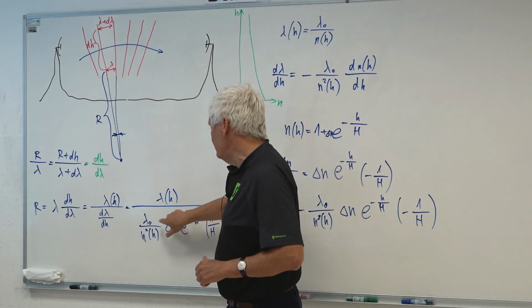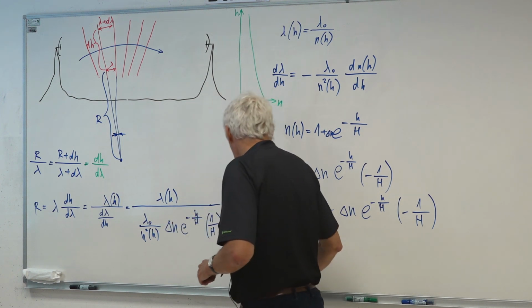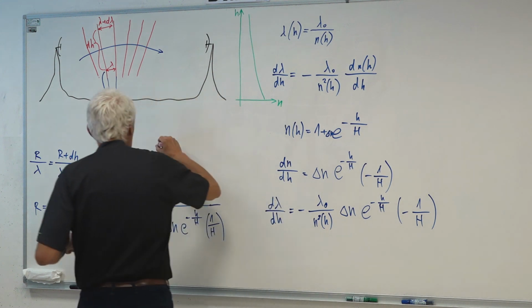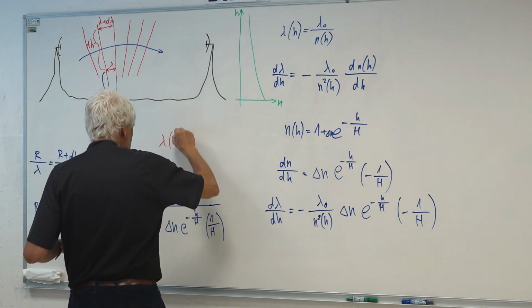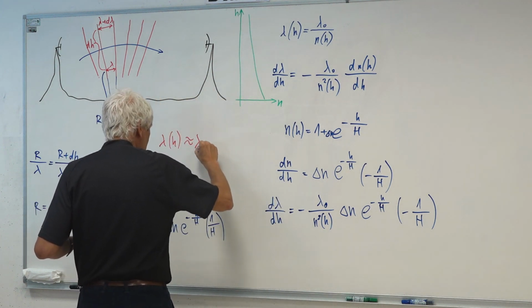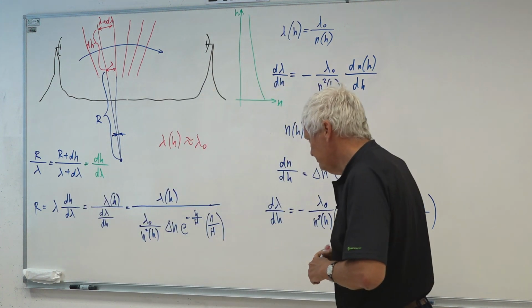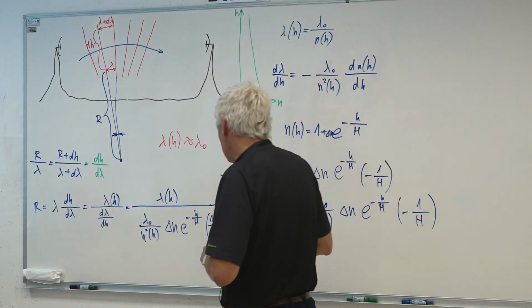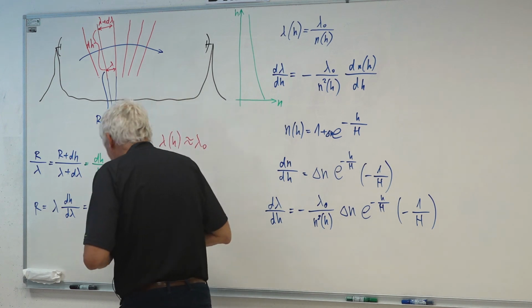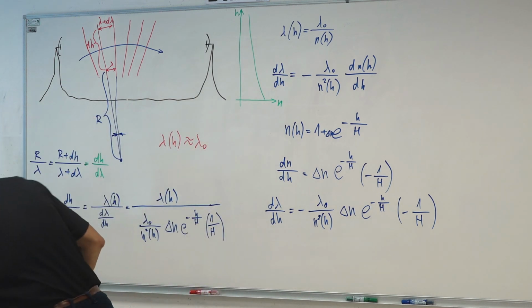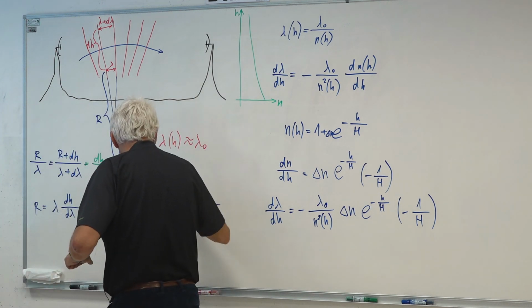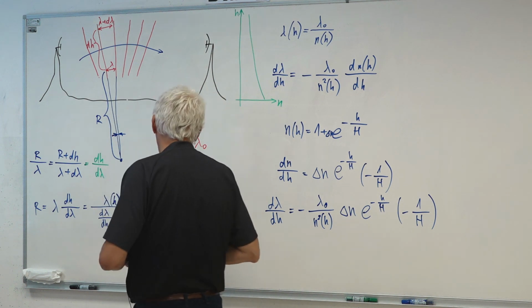So now if I make a mistake of 1% here, I can simply assume that lambda of h is approximately lambda in vacuum. And this means that maybe I can cancel out this lambda of h with this lambda 0.